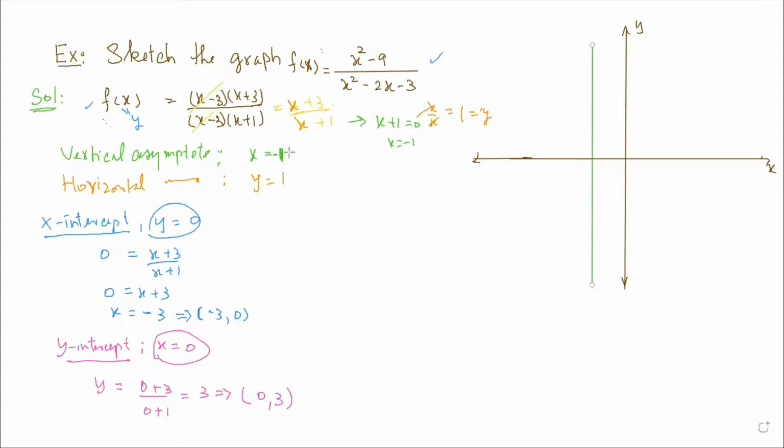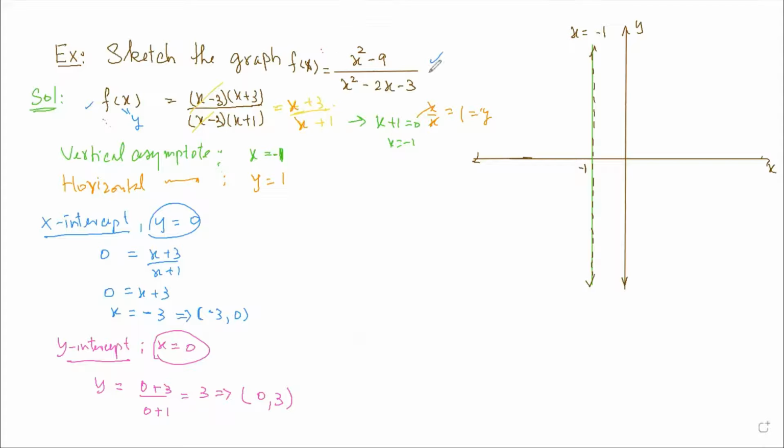Okay, but this one has to be a broken line, right? So draw a broken line here. This is the vertical asymptote, x equals negative 1. And what else? Okay, next we plot the horizontal asymptote y equals 1.